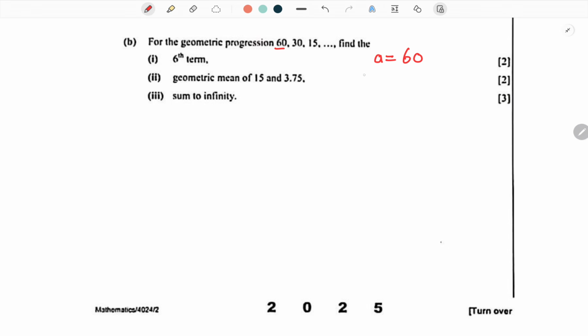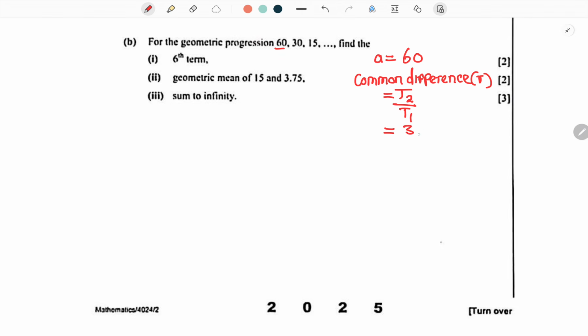So our common ratio, also represented by the letter r, is going to equal t2 over t1. In this case, what is our t2?